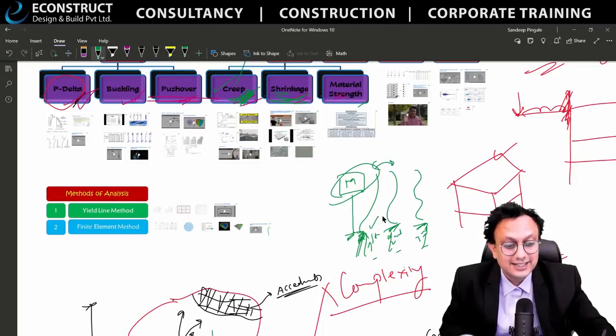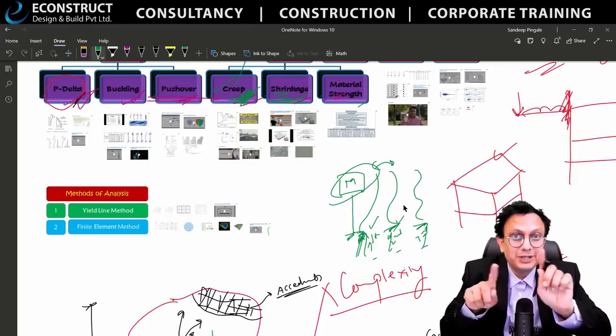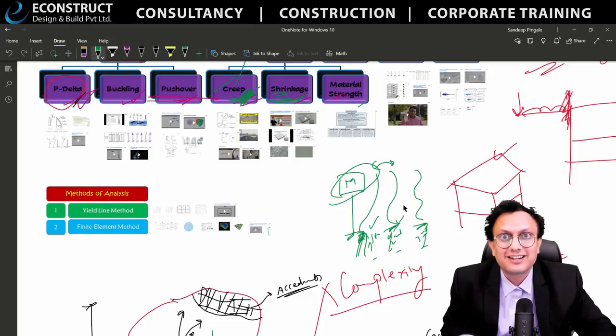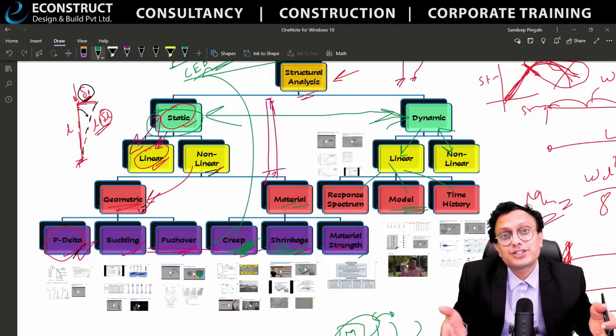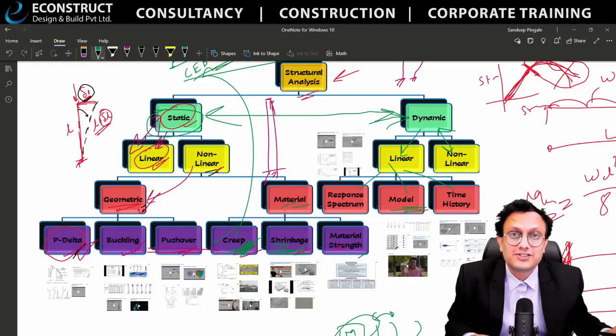The chance is yes, first mode or second mode, might be interchangeable. Behavior. Understood? But in the structure, we require the distinct behavior. Right? Is it really needed? Of course it is needed. Modal analysis. If you don't understand the behavior of the structure, how the hell can you design the structure? Modal analysis.